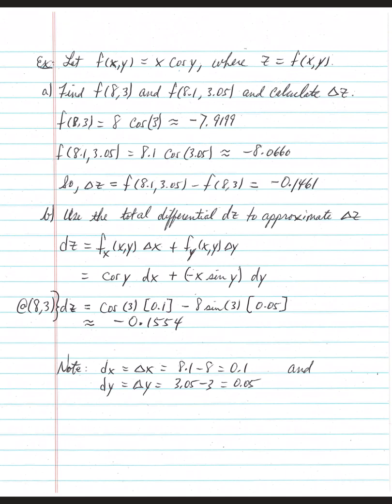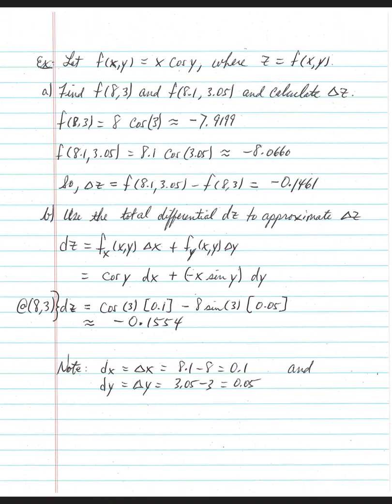You will get an approximate value of negative 7.9199. The function with a direct substitution of 8.1 and 3.05, still in radian mode, will give you this approximation. It's a good idea to always round to 4 or more decimals. 4 or 5 are usually pretty typical.